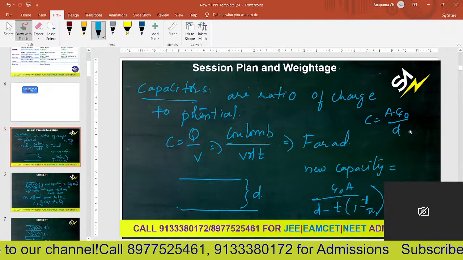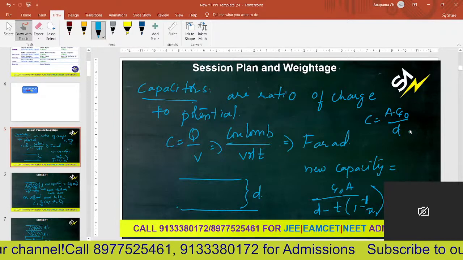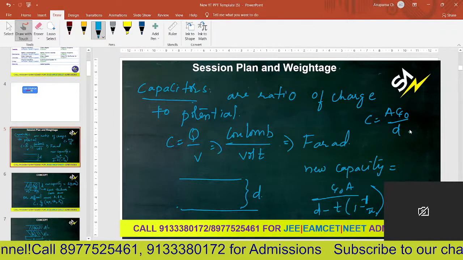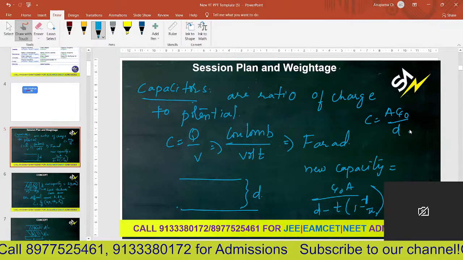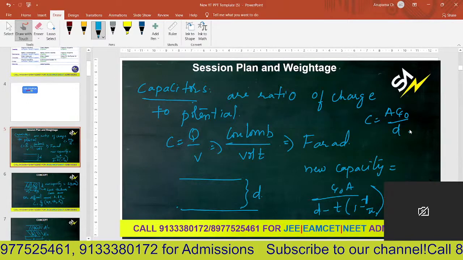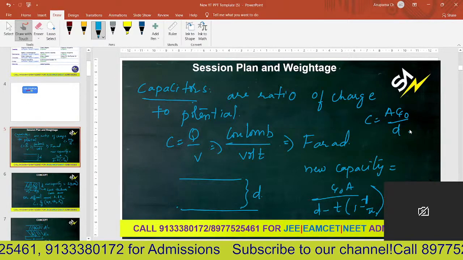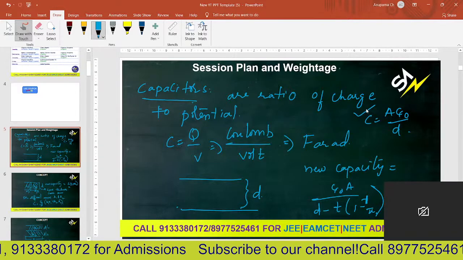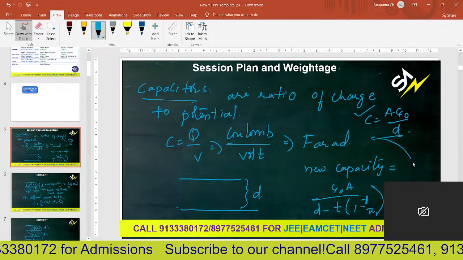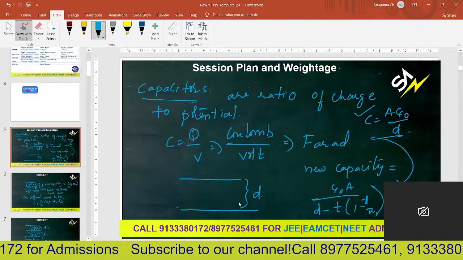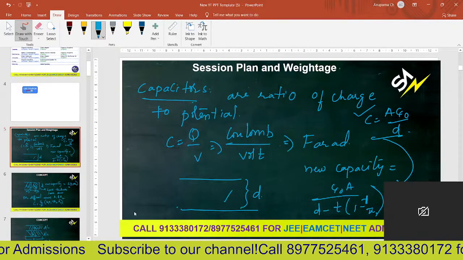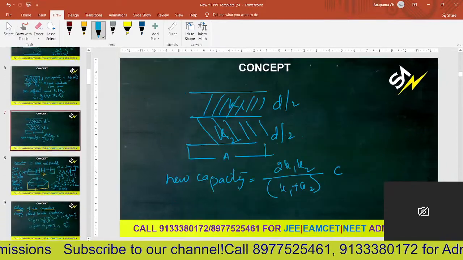If you take the area of the plates and the distance between the two parallel plates into consideration, then you can use this, and it changes depending upon the situation. I hope it's clear.